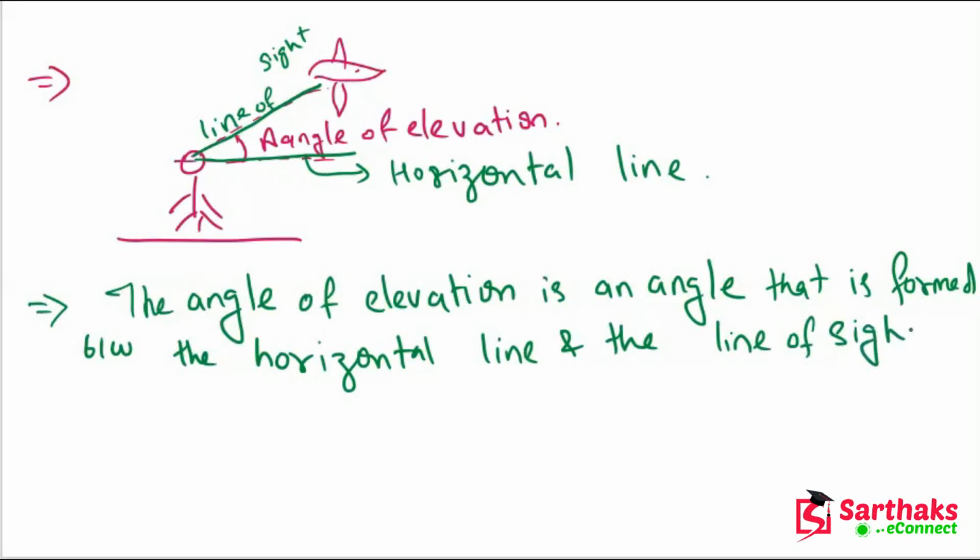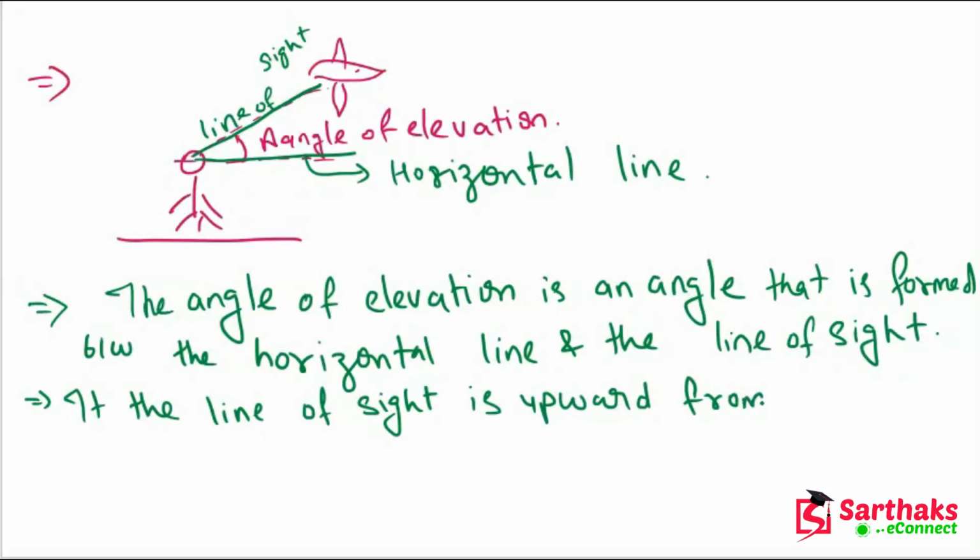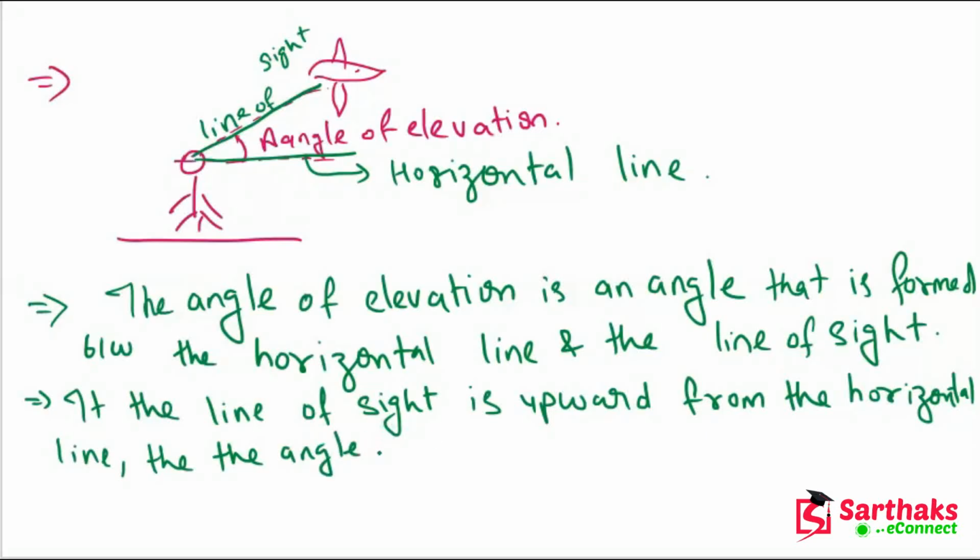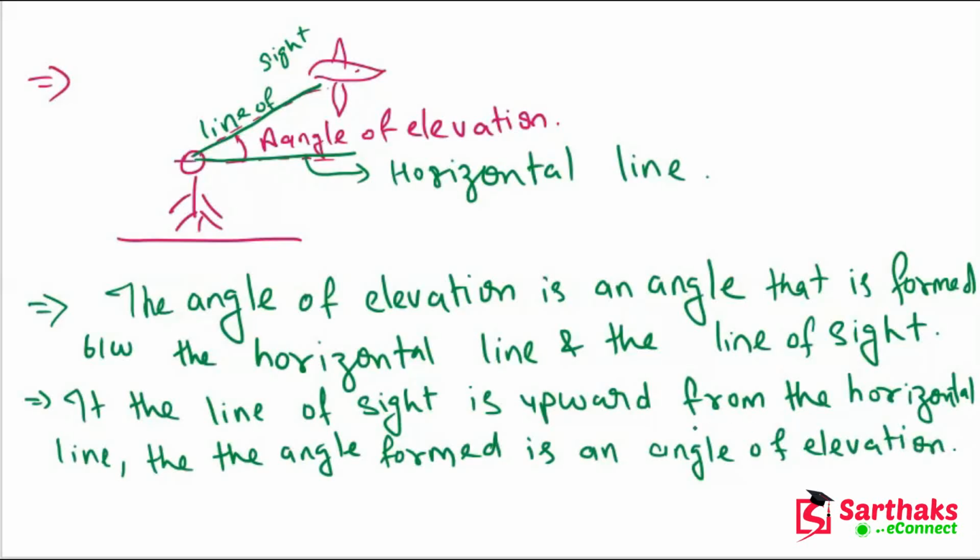If the line of sight is upward from the horizontal line, then the angle formed is an angle of elevation. Okay, my dear friends, I hope you understand these things.